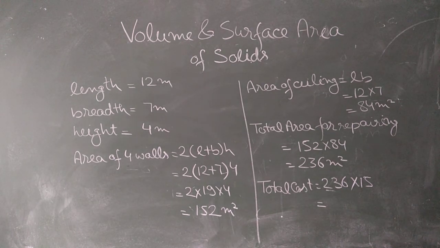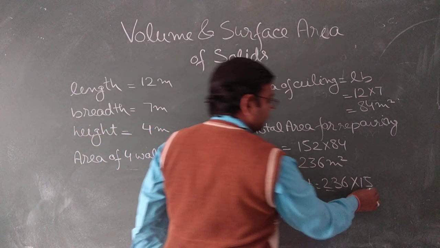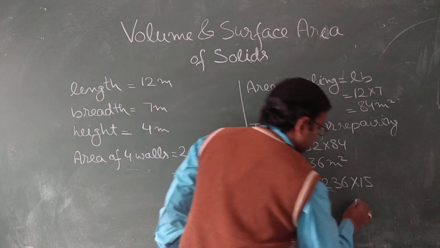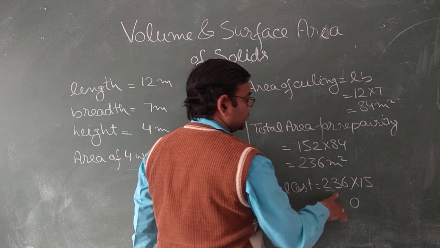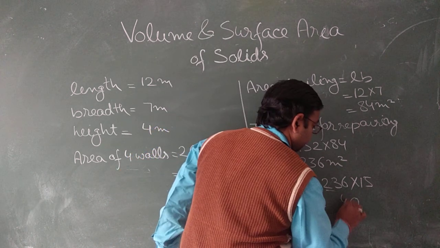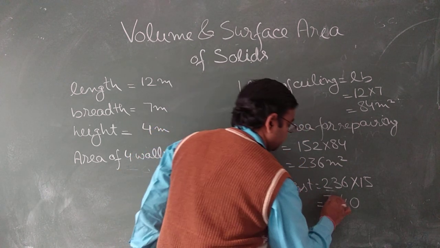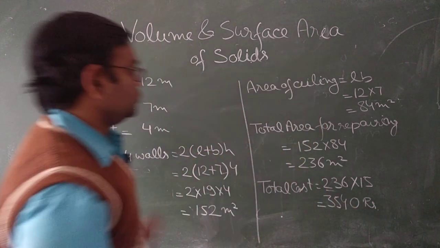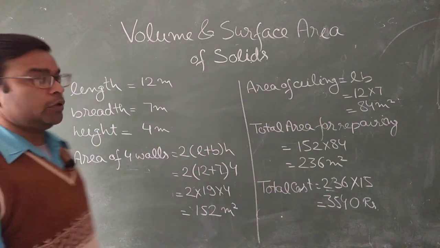Now if we multiply this by 15, 15 6s are 90, 9 carry, 15 3s are 45, 45 plus 9 is 54, 5 carry, 15 2s are 30, 35 rupees 3540. So this is the answer. Hope this one is clear to you.